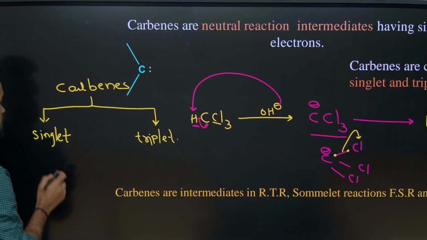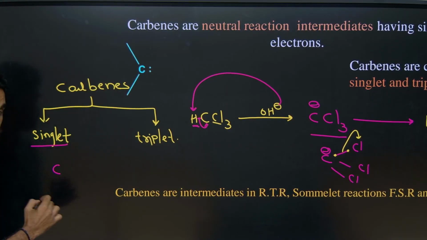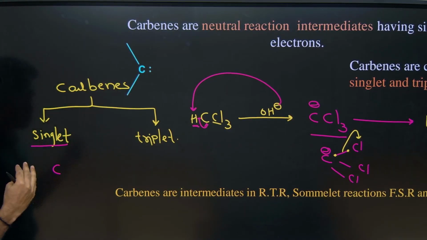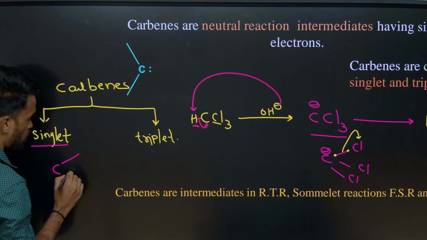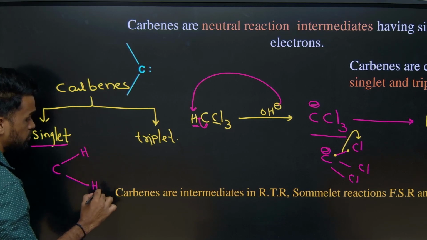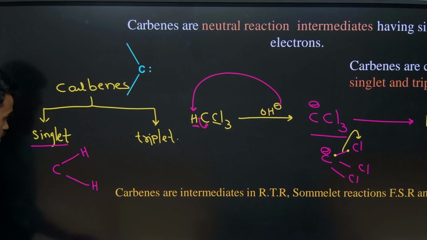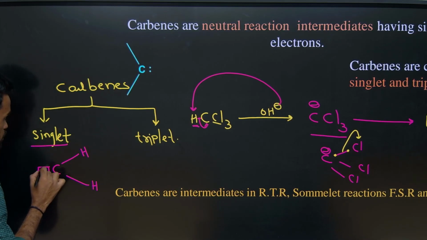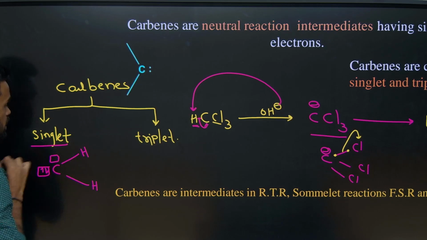What exactly is a singlet carbene? Around the carbon we know 4 orbitals are there. Out of that, 2 form bonds, and these may be hydrogens or alkyl groups. One more orbital has a pair of electrons, and one more is an empty orbital.